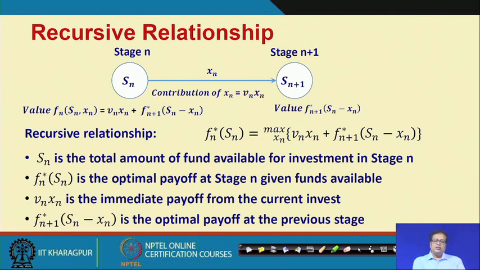The recursive relationship depends on what happens at stage n and what happens at stage n plus 1, and the contribution of x n, that is V n x n.